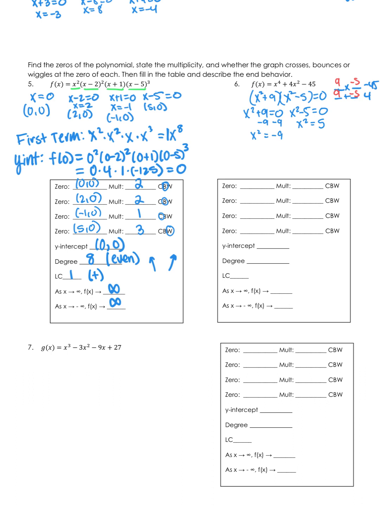Did anyone get plus or minus radical 5 as one of their answers? If you got plus or minus 5, don't forget you have to do the radical sign. So square rooting both sides over here, you'll get x equals plus or minus radical 5. That's not a nice number, so you need to leave it.